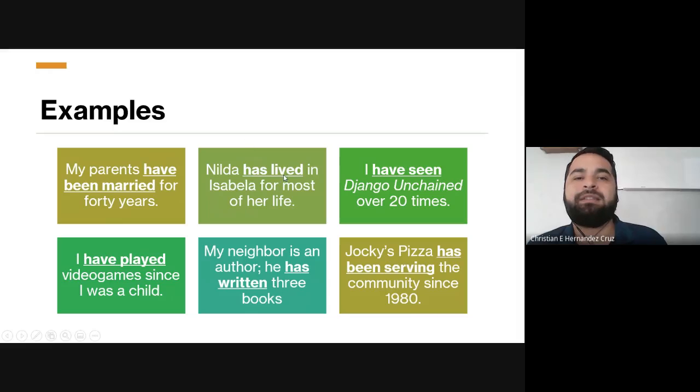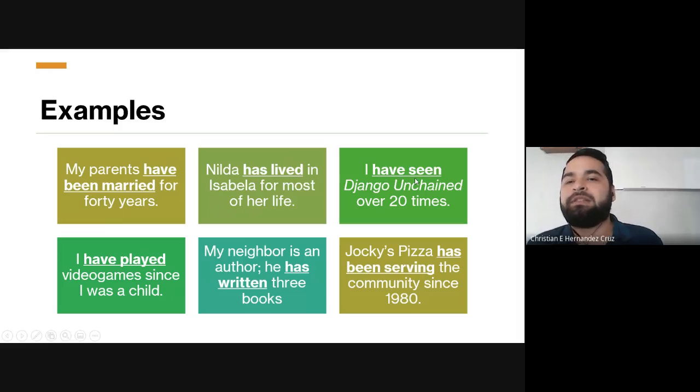Nilda has lived in Isabela for most of her life. Once again, we have the main verb that ends with ed, so it would make it past tense. Really, it's the past participle, but anyways, so Nilda has lived in Isabela for most of her life. We still have this auxiliary has, which is a present form of the main verb have.